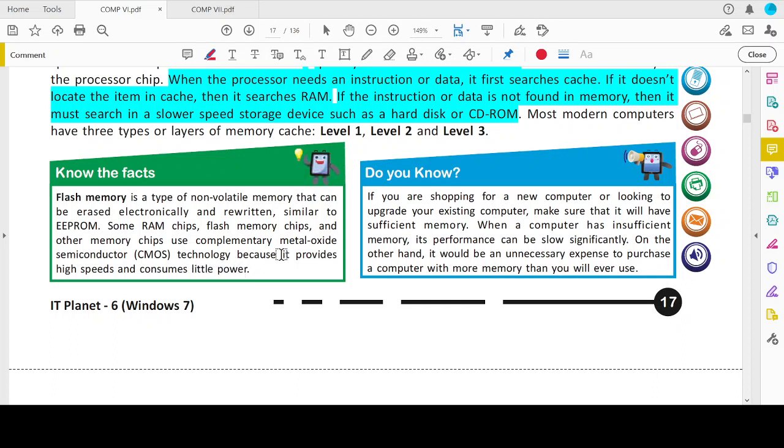Another thing is, it behaves similarly to EEPROM, electronically erasable programmable read-only memory. So flash memory behaves similarly to the EEPROM.